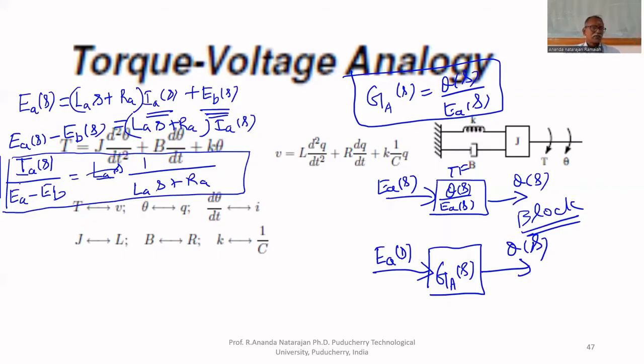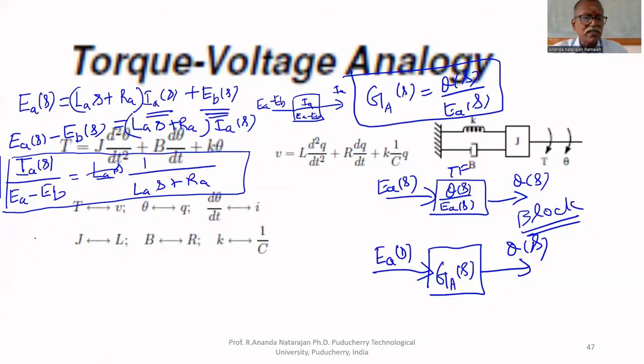I got one model, block diagram representation. For this, I can put one block. It is called IA upon EA minus EB. The input is EA minus EB. Output is IA. So this equation can be represented like this.